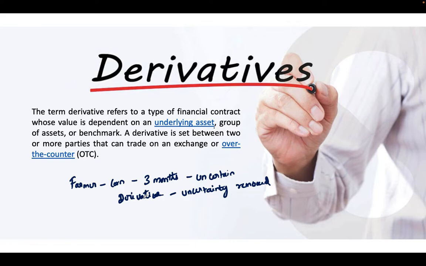After 1 month, what is going to be the value of the rupee against the dollar? Today it is 80 rupees. 1 month back it was 74 rupees. So after 1 month, what will be the value? Will it increase or will it decrease?